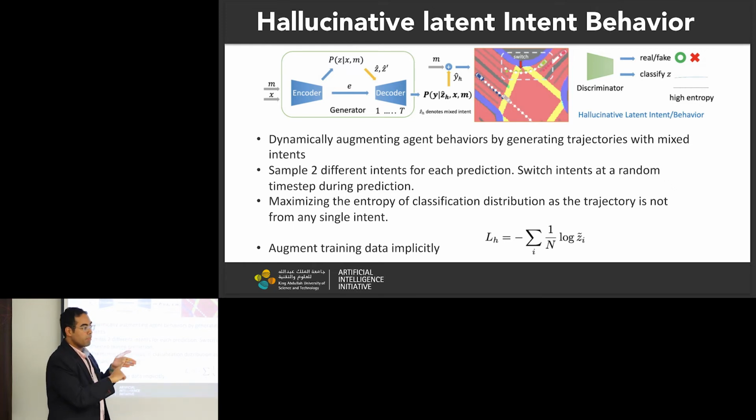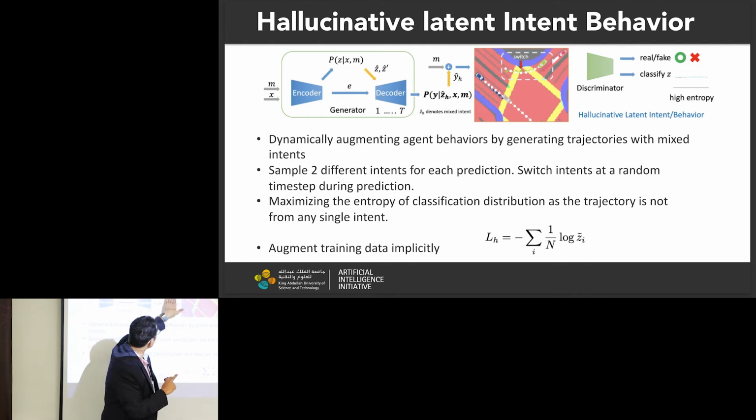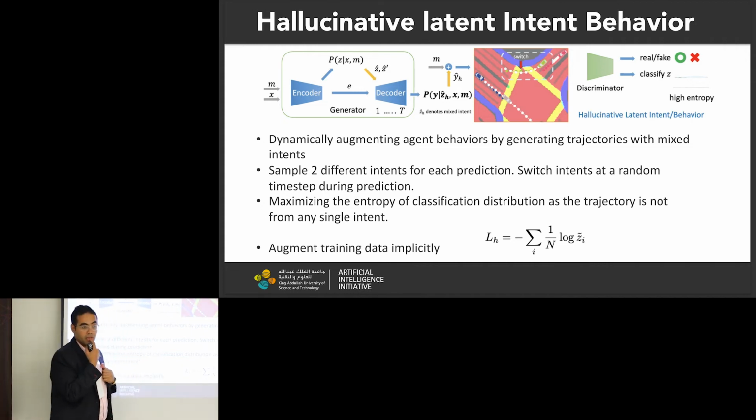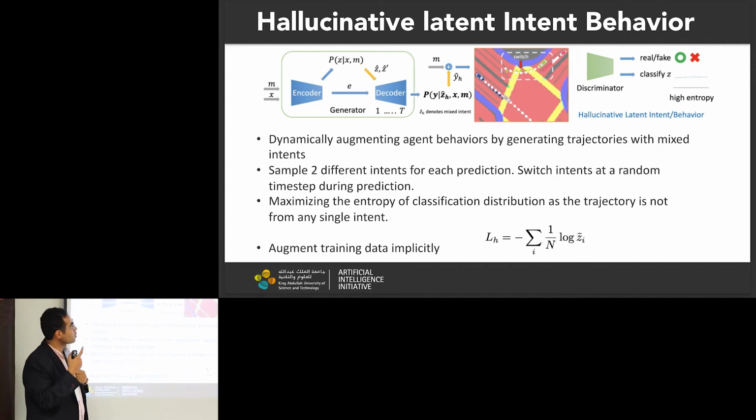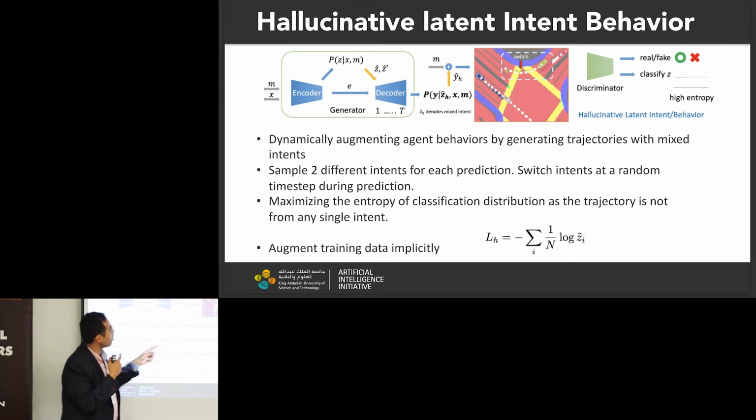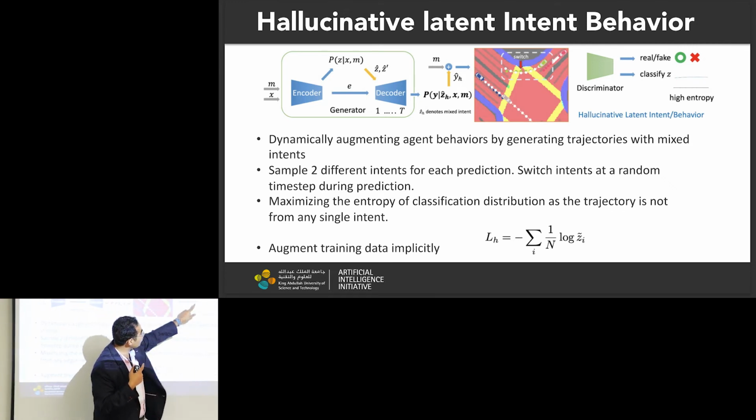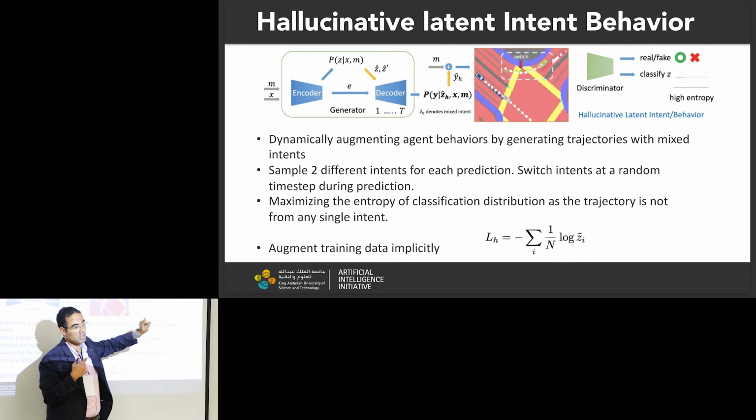So we pick a random step, and then we switch from intent number I to intent number J. And we feed that to the generator. That will produce a trajectory with a mixed intent, right? And we encourage the model to not be capable of classifying which latent intent it belongs to.